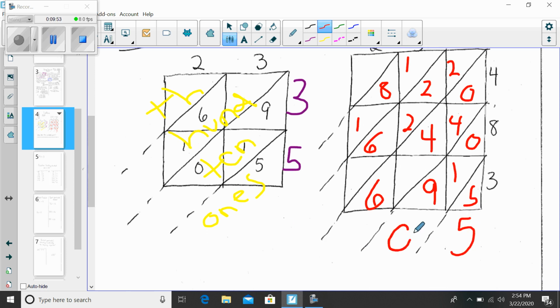So you do have to carry sometimes. Like I get a 10 on this diagonal, so I'd carry the 1 like up here.